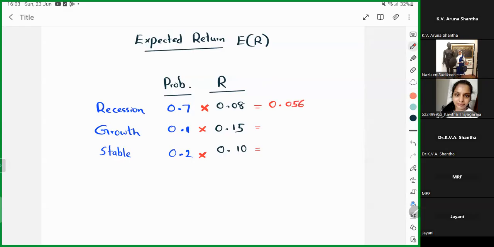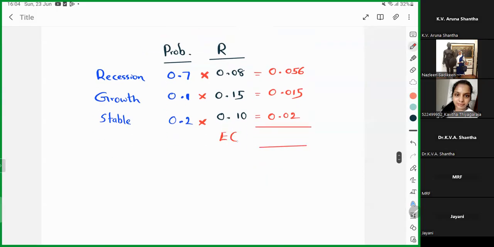Next one, 0.015. After that, 0.02. Then the total of these we call expected return. How much is the expected return? 0.073.